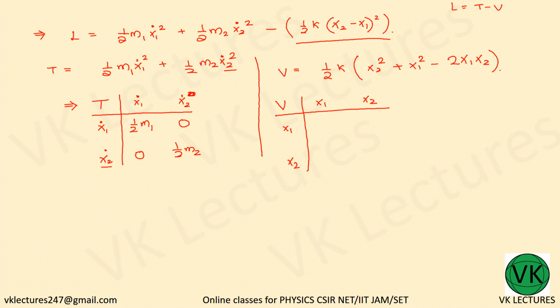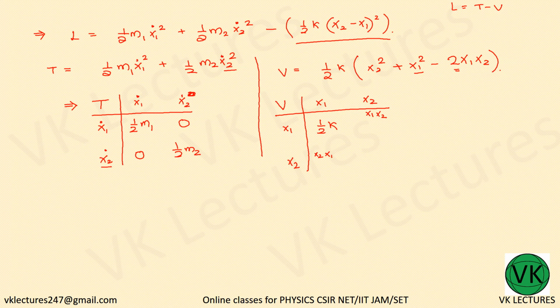Now x1 squared, the coefficient is half k. Now x1 x2, we have x1 x2 here, and similarly x2 x1 is also here. So the coefficient of x1 x2 is 2, and similarly the coefficient of x2 x1 is also 2, but we have only a total of 2 x1 x2.